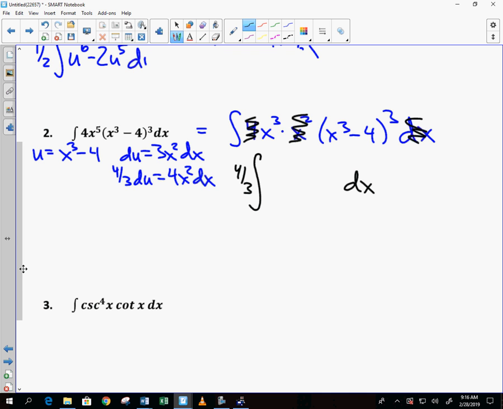Now what? u plus 4. What in place of the x cubed minus 4? u to the 3rd. Awesome. Now we've got an integral that's easy to work with.